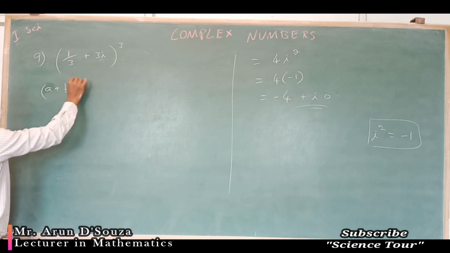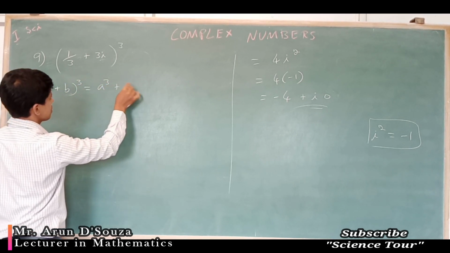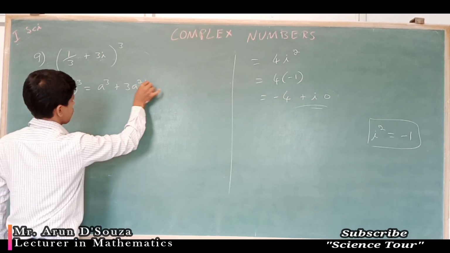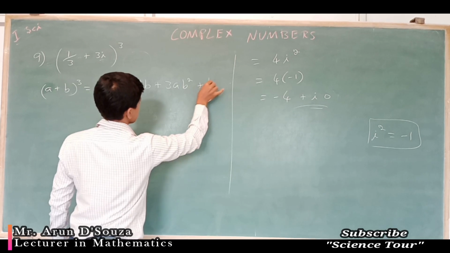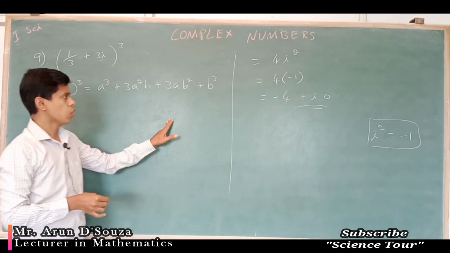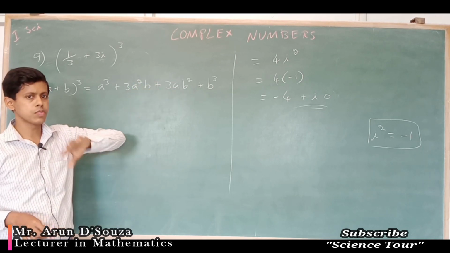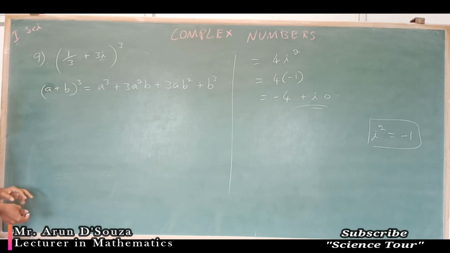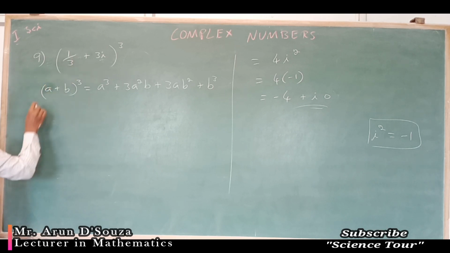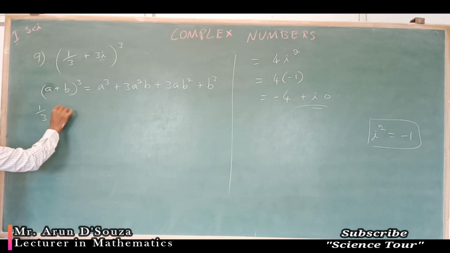So (a plus b) whole cube formula: a cube plus 3a square b plus 3ab square plus b cube. So what you can do is you can write a cube plus b cube plus 3ab into (a plus b). That formula is also fine. Doesn't matter. So there are two variations of the same formula. What I am using is this particular formula.